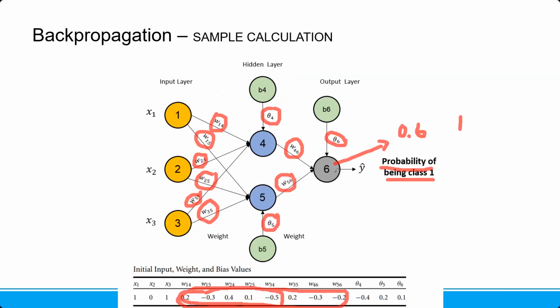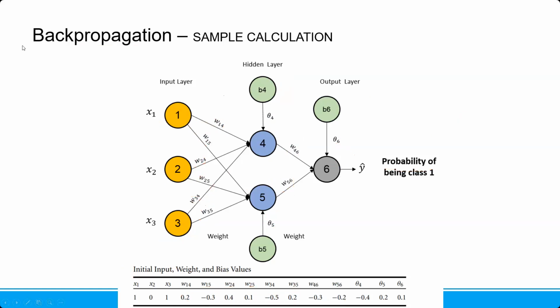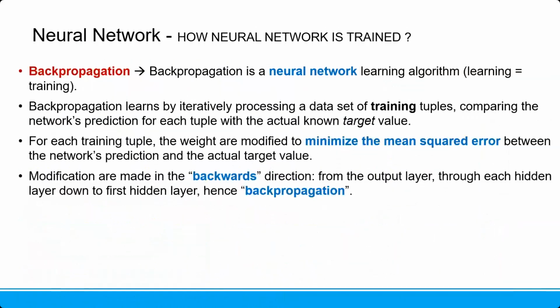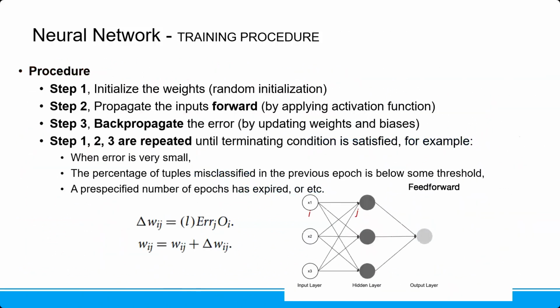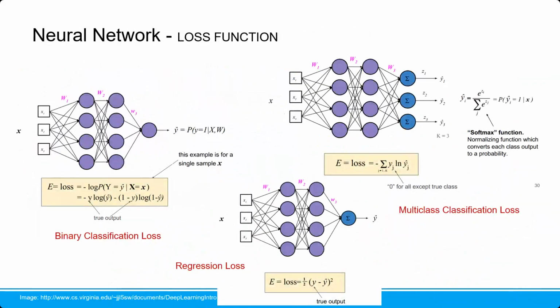If you still remember, if we have one node, it means it is binary classification. So if only one node, it can be a binary classification, or it can be regression. You still remember what is regression? What is binary classification?